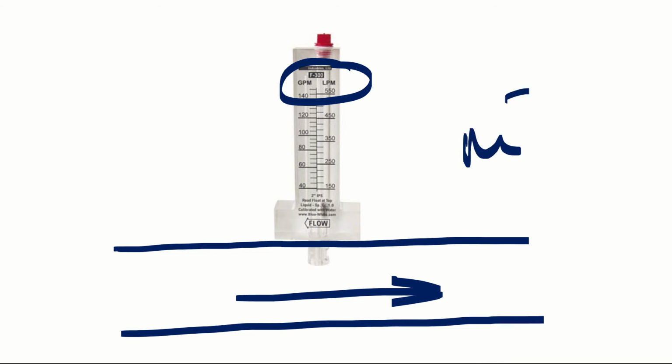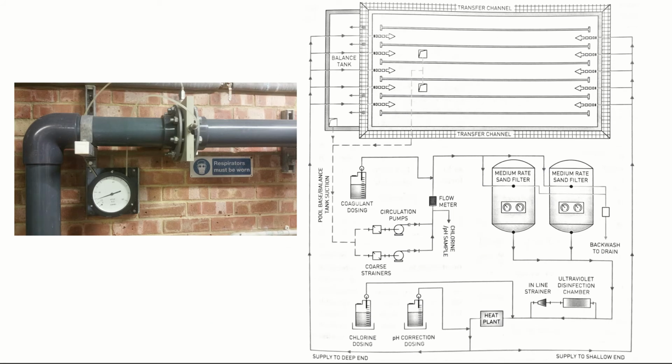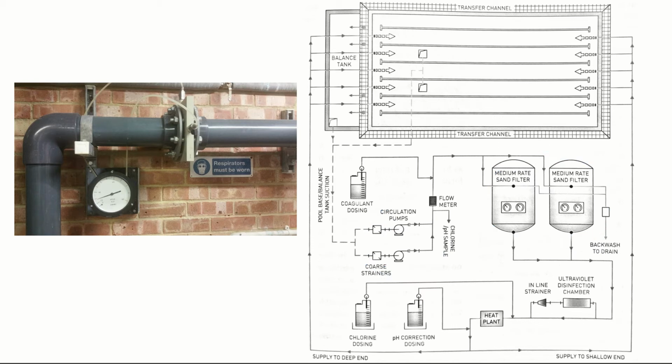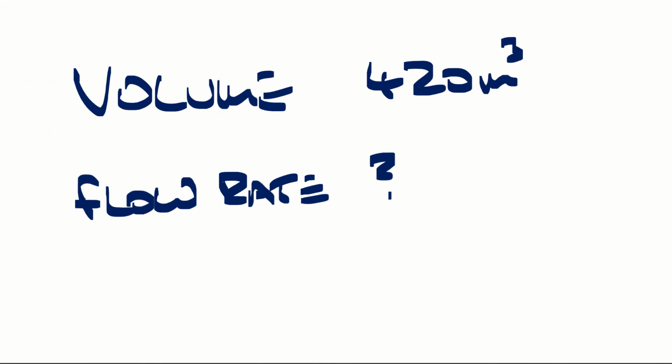Nowadays, most people work in meters cubed, and you'll find the flow rate meter, if you do have one on the system, somewhere between the circulation pumps and the filtration system. So on this schematic that you can see, the flow rate meter is there. So you read off the flow rate, and you put the information in.